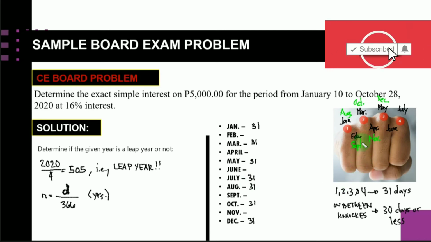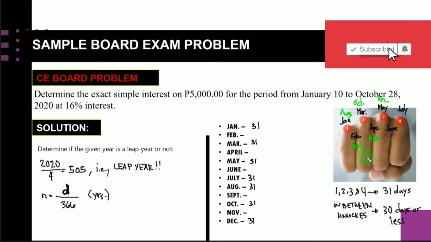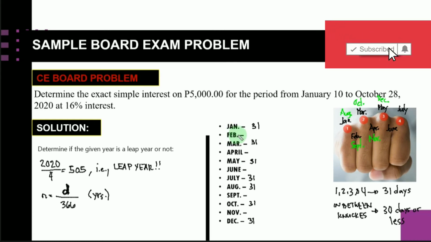And the only thing that you really need to consider is whether it is a leap year or not a leap year, meaning an ordinary year. So it plays here on the month of February, okay?